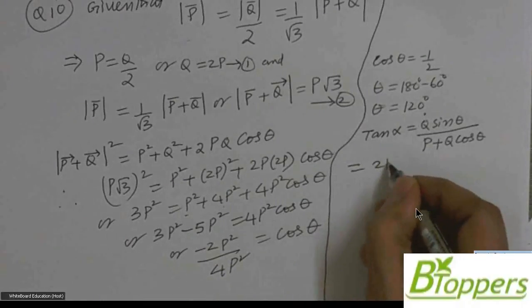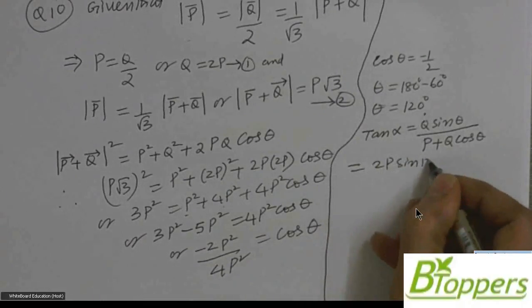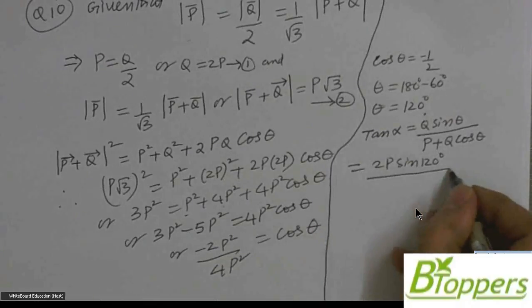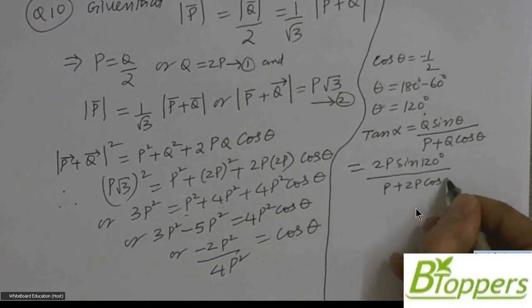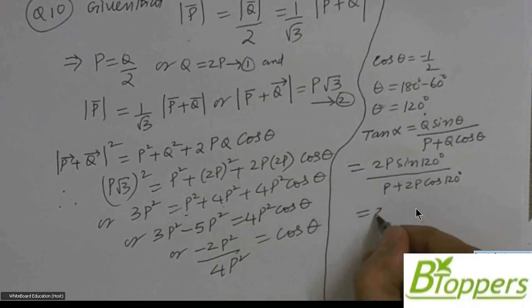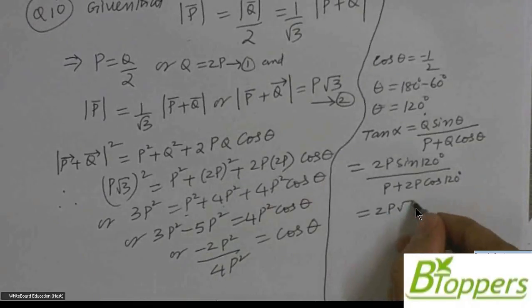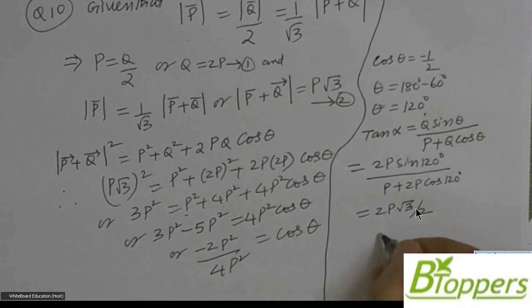So we get q equal to 2p here. Theta is 120 degrees. P plus 2p cos 120 degrees. So we get 2p into sine 120 degrees, which is same as sine 60 degrees, that is root 3 by 2.